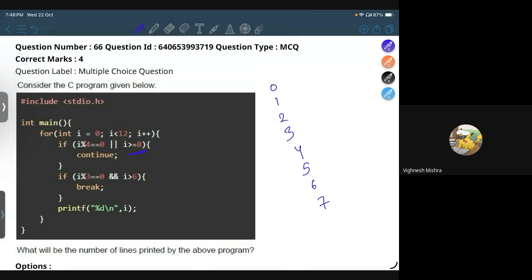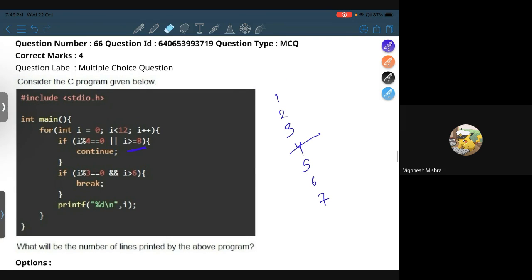Yeah, 4 is obviously cancelled out, 0 will cancel out. Now if the number is greater than 6, which is again 7 afterwards, we again don't care about those numbers.